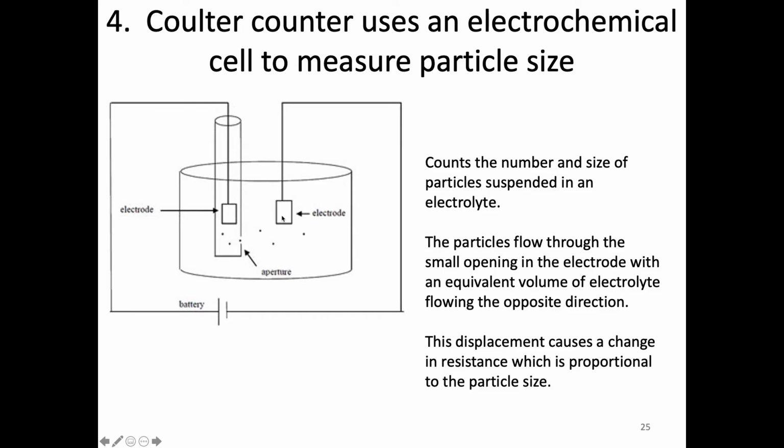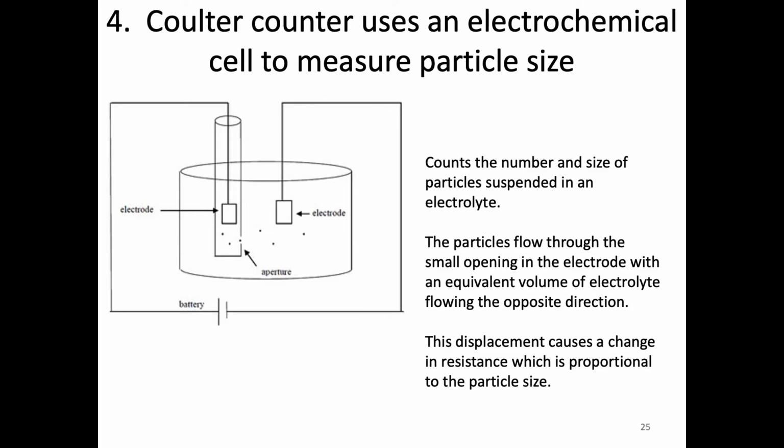What it does is measure particle size by looking at the changes in the electrochemical cell with the change in electrolyte. Imagine that every time a particle moves from this vial through the aperture into this larger solution, an equivalent amount of electrolyte would have to go the opposite way into this vial to take its place, right?